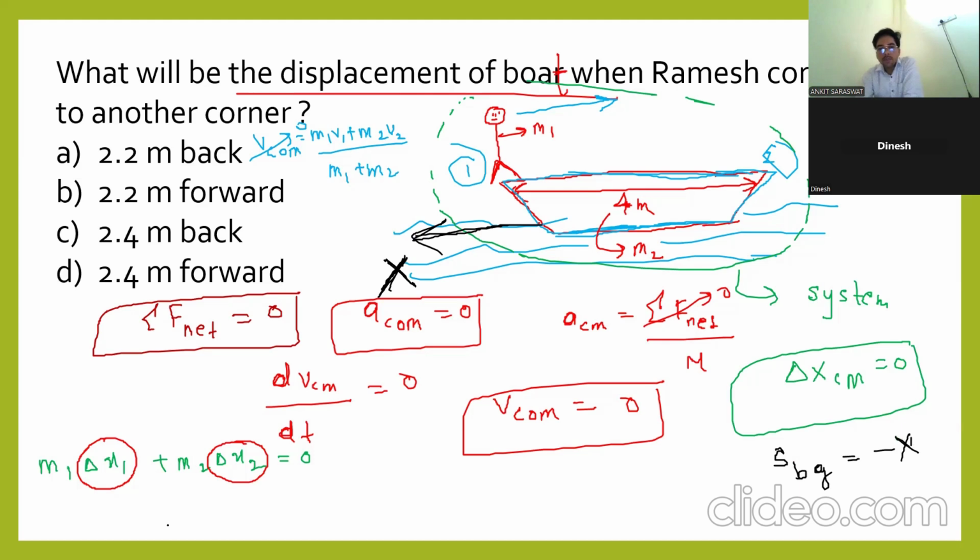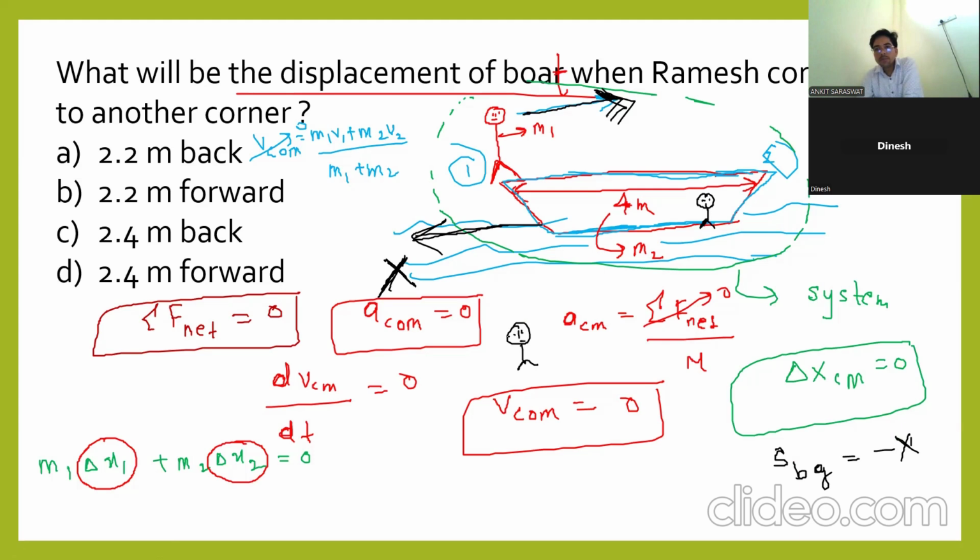While the person is moving, if you are the observer standing here, then with respect to the boat, the person is moving on the boat. He will travel 4 meter on the boat. But with respect to the ground, did he travel 4 meter?